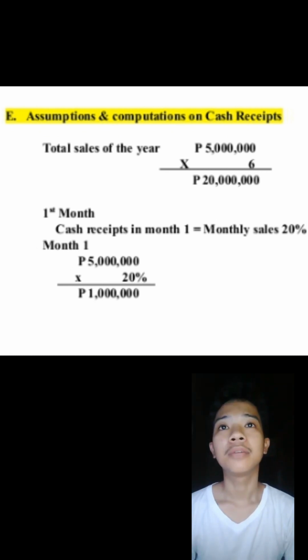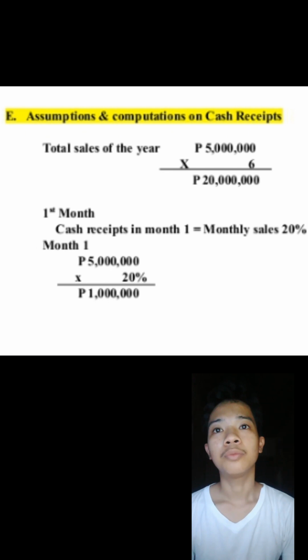Company assumption and computation on cash receipt. Total sales of the year: 5 million times 6, total of 20 million. First month cash receipt in month 1, monthly sale 20%. Month 1, 5 million pesos times 20%, total of 1 million.